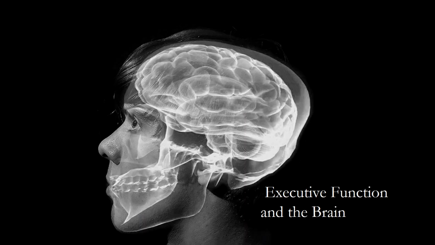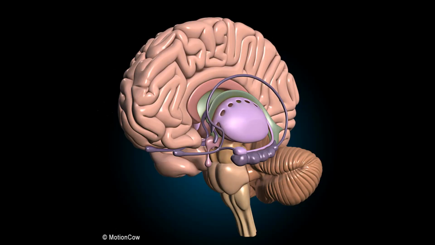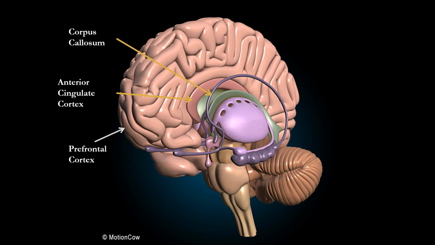Let's take a look at how executive function affects the brain. There are several areas of the brain that are involved with executive function. First and foremost, we have the prefrontal cortex, the anterior cingulate cortex, the corpus callosum that facilitates communication between the left and right hemispheres of the brain, the basal ganglia that supports decision making, the cerebellum that's involved with memory and time and movement, and the amygdala, which is involved with how we feel our emotions.